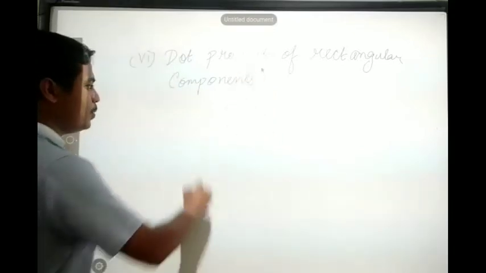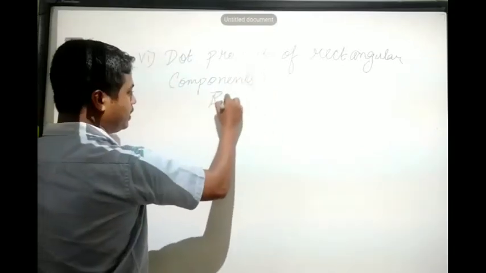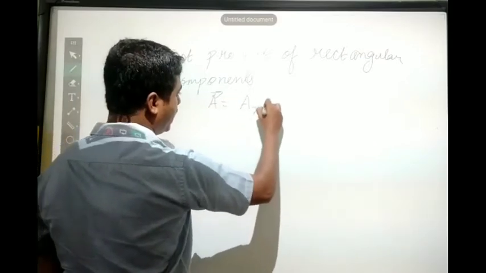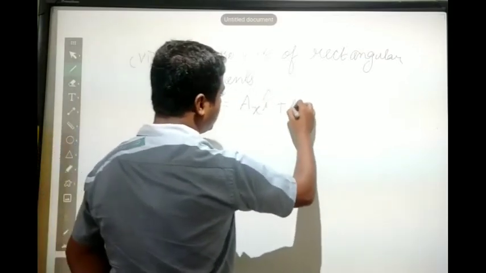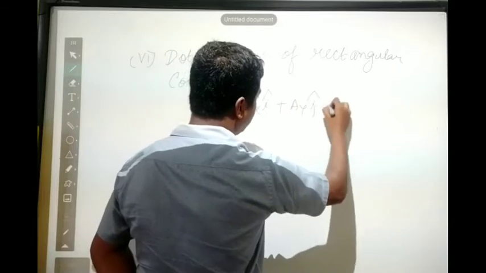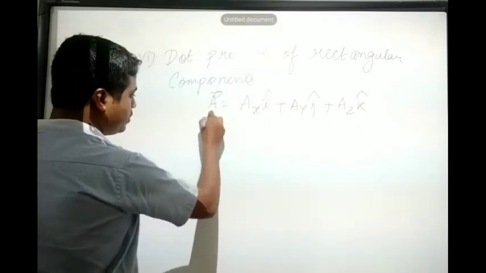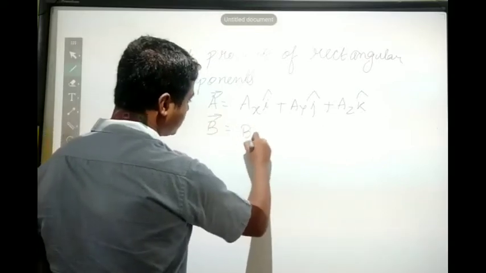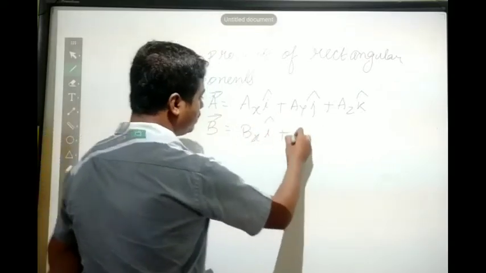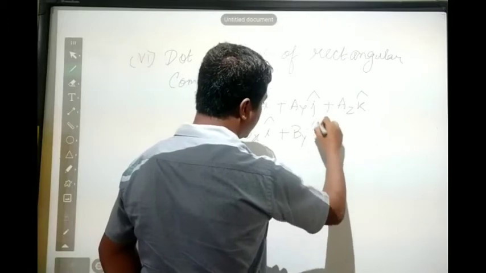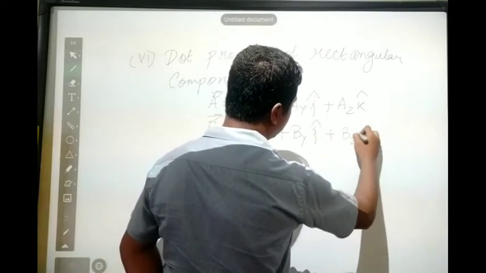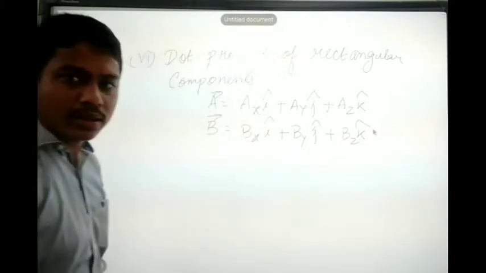So rectangular components: if I take vector A, we have to write ax i cap plus ay j cap plus az k cap. Vector B is equal to bx i cap plus by j cap plus bz k cap. Clear?